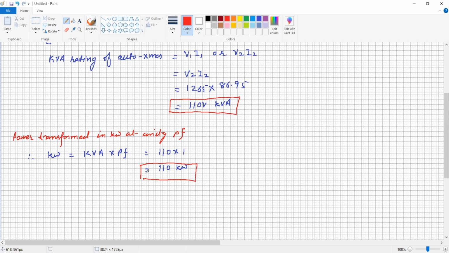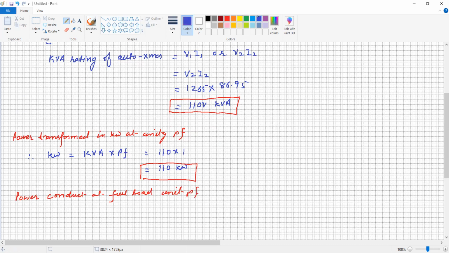estimate the power conducted in kilowatt by the auto transformer at full load unity power factor. So power conducted, okay, next parameter needed is power conducted at full load unity power factor.